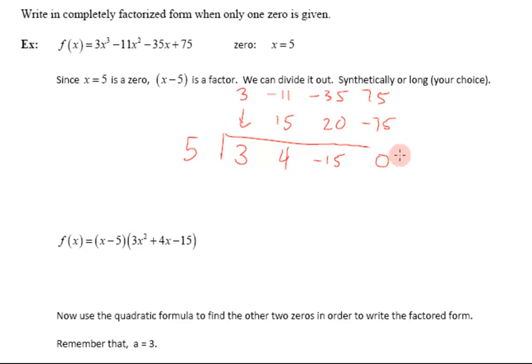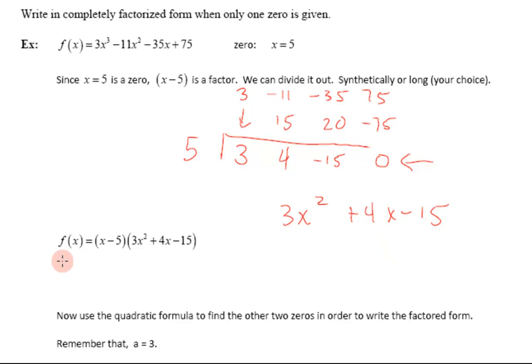I should expect to get a 0 here because x equals 5 is a 0, meaning 3x squared plus 4x minus 15 is the quotient after dividing out x minus 5. You have to get a 0 there because it says that x equals 5 is a 0. Okay? Remainder has to be 0, so this comes out to be an even factor.